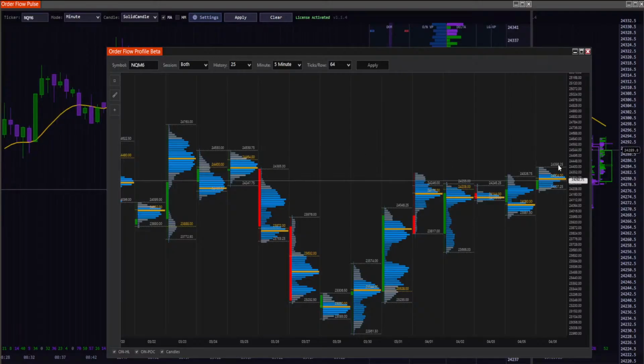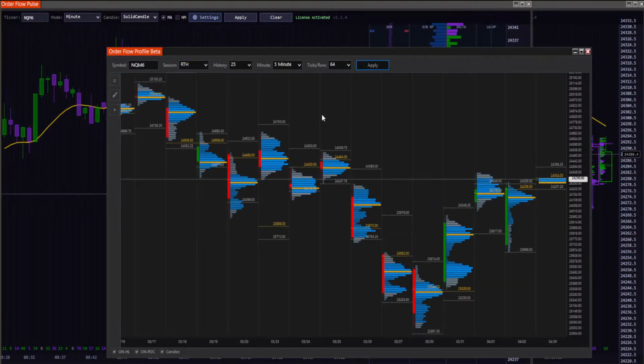Like I said, these gray lines. I'm on both right now, but if I go to RTH, as you can see here, this right here is the overnight high, and that is the overnight low. And then the orange right there is the overnight point of control. And of course, the main line right here.